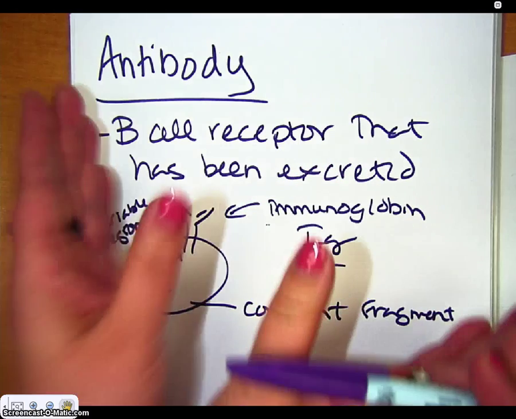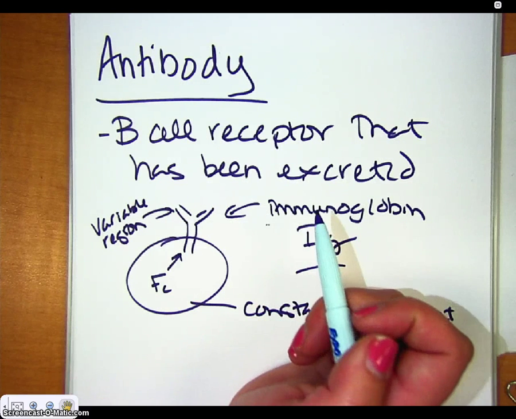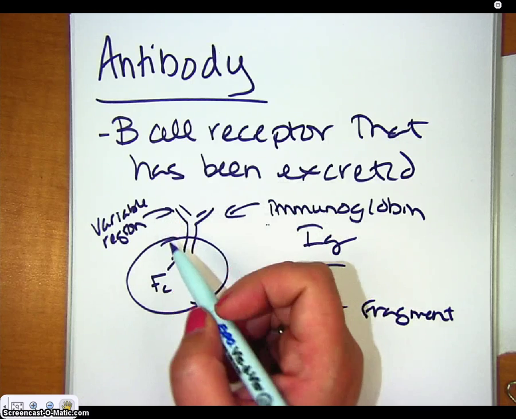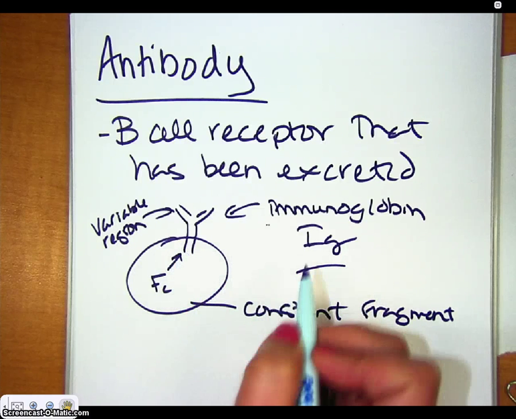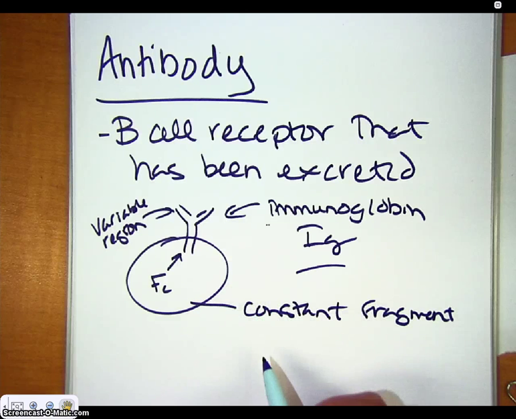I like to call them the little hands, right? That will grab onto a specific antigen. And every single one is a little bit different and will respond to some antigen that comes in from some foreign source, right?